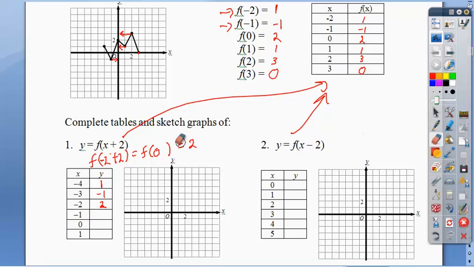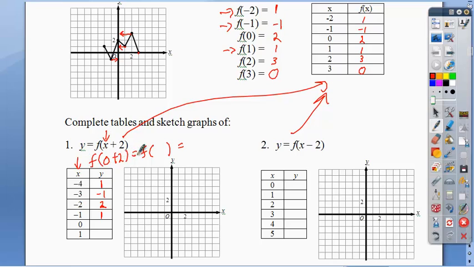Okay, then do it again, only this time let me erase all of them. Here I have -1, and -1 plus 2 gives me a value of 1. I come back here, I look at 1, and that told me that I have it at 1. And if I do 0, so 0 plus 2, see, I'm replacing the x value with what I have.